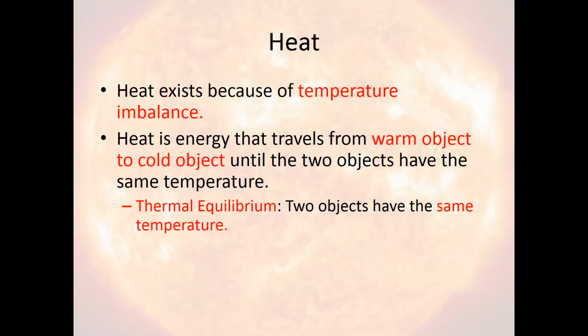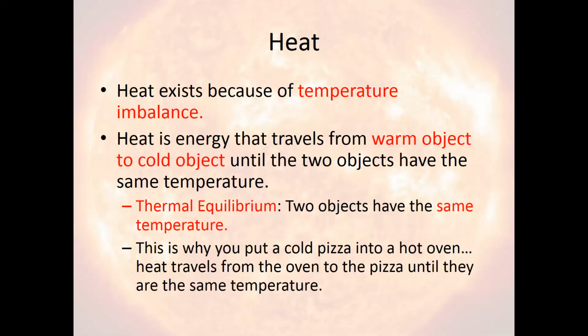And thankfully heat transfer works this way because this is how we can warm up things in our ovens. If you have an ice cold DiGiorno pizza from the freezer, you can throw it in the oven and heat will transfer from the hot air in the oven to the cold pizza. And heat will continue to transfer until the two have the same temperature.